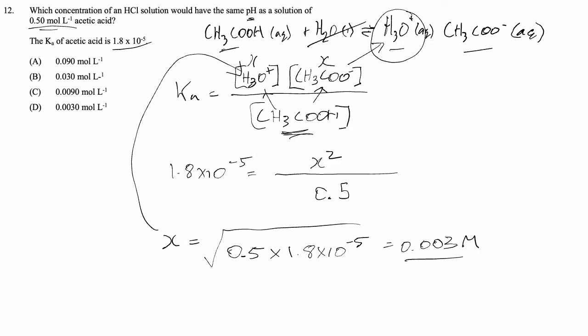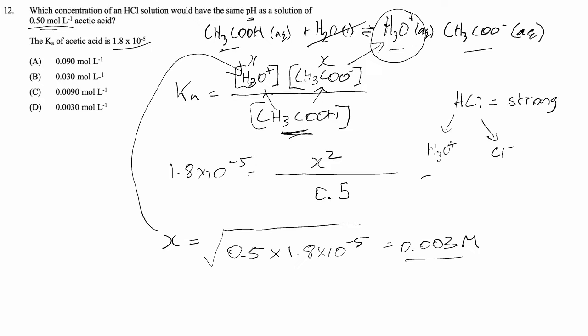Now, leave it there and have a look at what the question's saying. What concentration of hydrochloric acid would have the same pH as a solution of 0.5 mole acetic acid? For them to have the same pH, they must have the same concentration of H3O, right? That makes sense. Now let's have a look at HCl. HCl is a strong acid. It will completely dissociate in water to give us H3O and Cl ions, right?